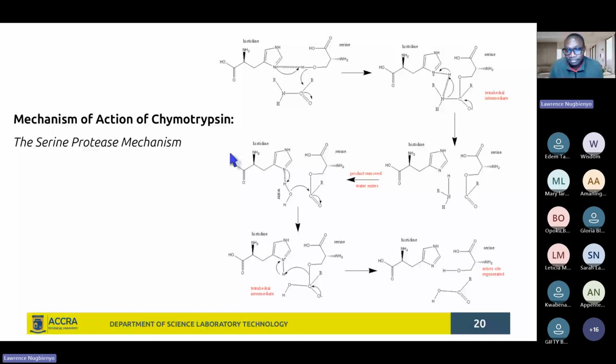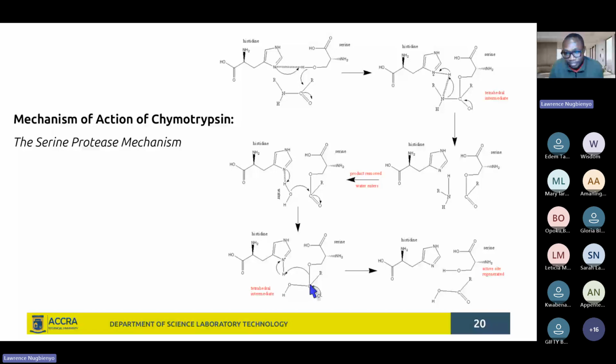And you have the hydroxyl group, because water has a hydroxyl group, which is left. That hydroxyl group now goes to the carboxylic acid group, the C-terminus, which is bound on the serine. So you see that hydroxyl group in that intermediate has gone onto that carbon.